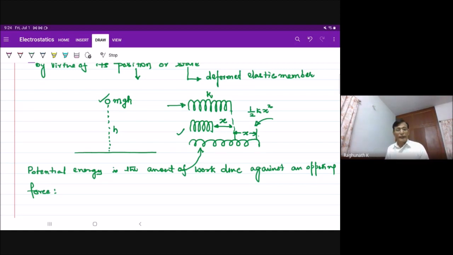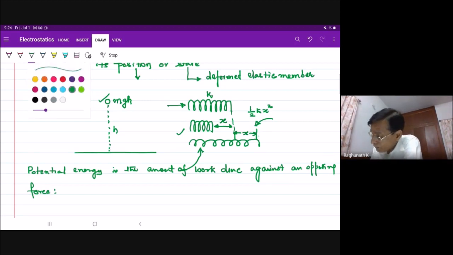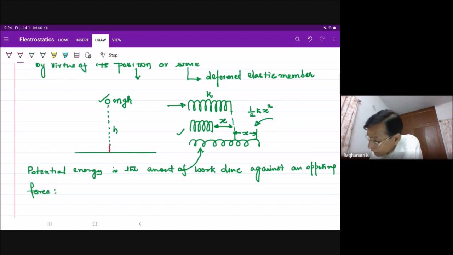Here, if you look at it carefully, when it is taken along this path, let us say a straight line path, at each and every point along this path, mass m will experience the force in the downward direction equal to mg.